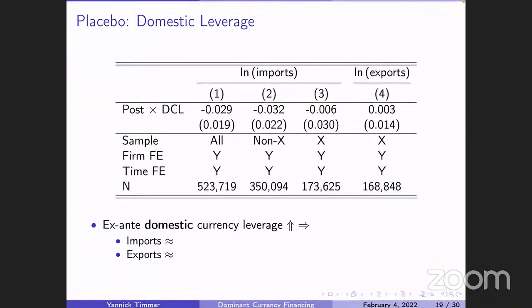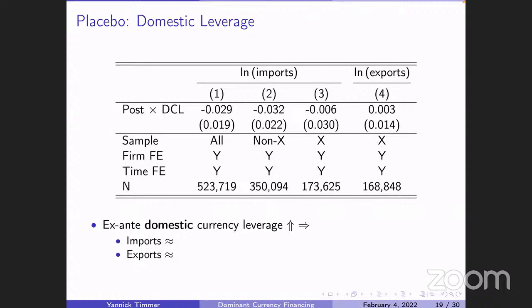Then we look into the question whether it is really the foreign currency borrowing that is driving the result, or whether overall indebtedness is one factor. So when there is a depreciation, and potentially with this depreciation financial conditions also tighten, maybe firms that are overall more levered, not only in terms of their foreign currency, but also in terms of domestic currency, may also be more affected.